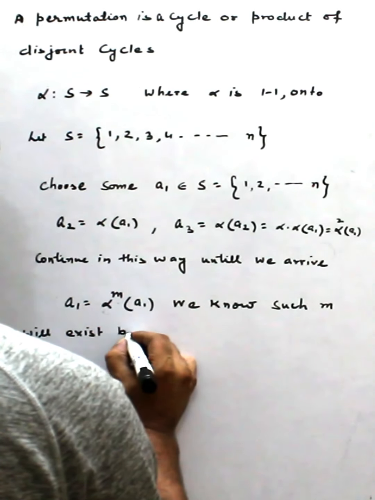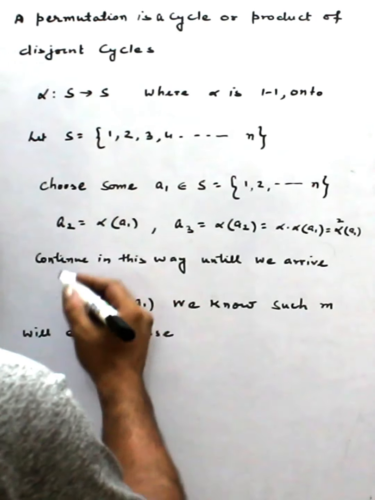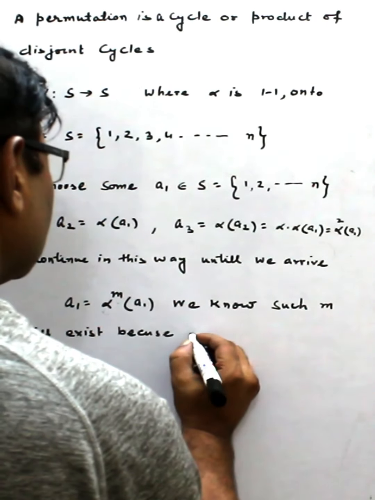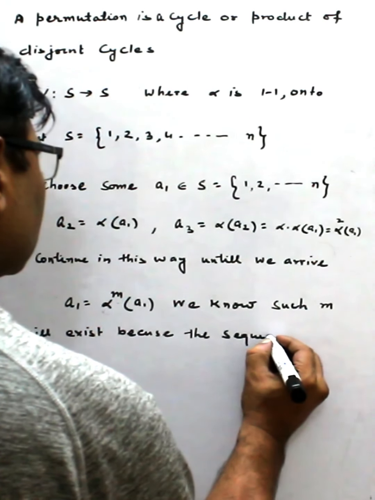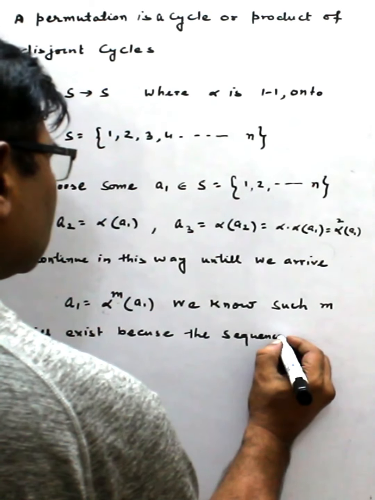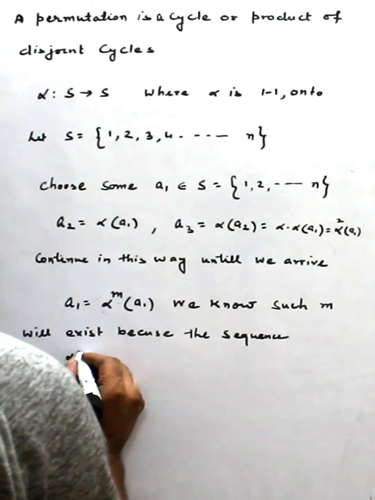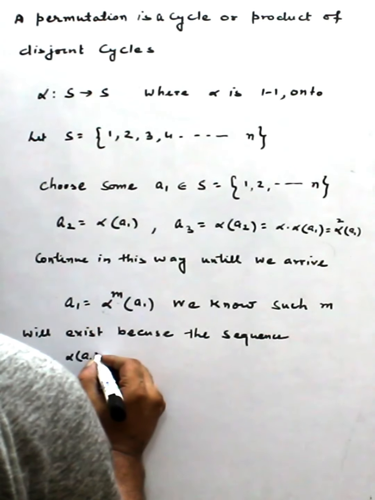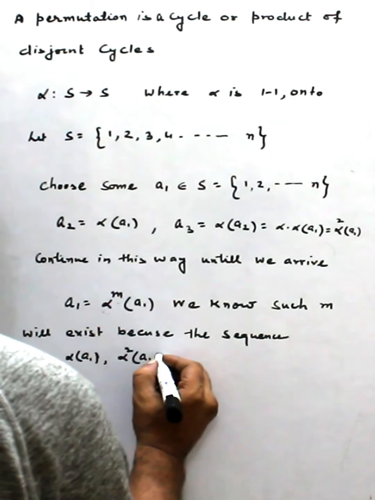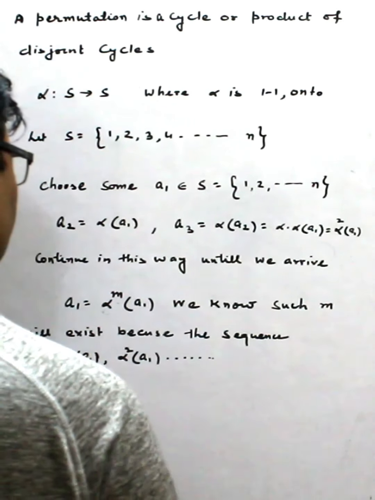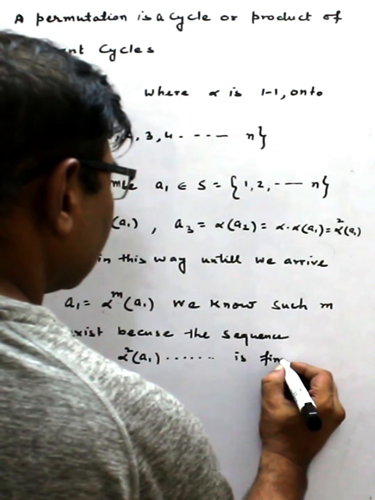Because here we see that the sequence A1, alpha A1, alpha square A1, and so on is finite.